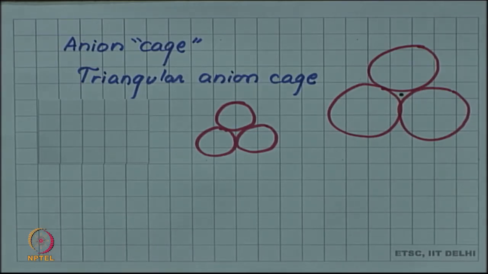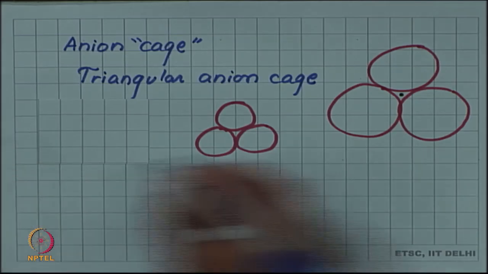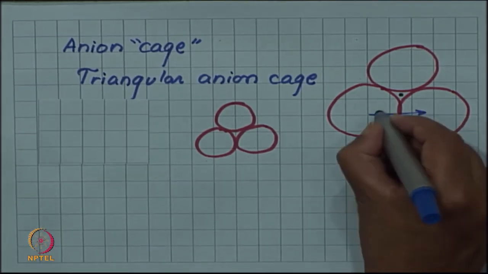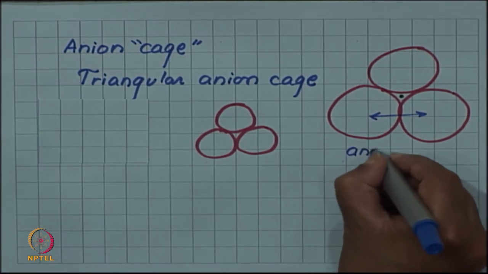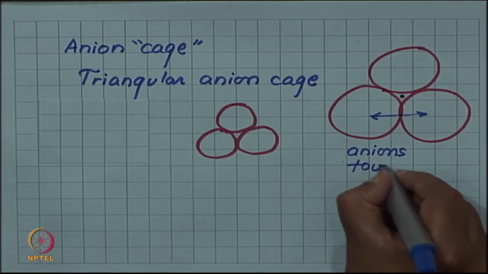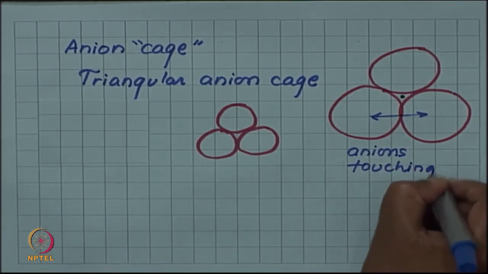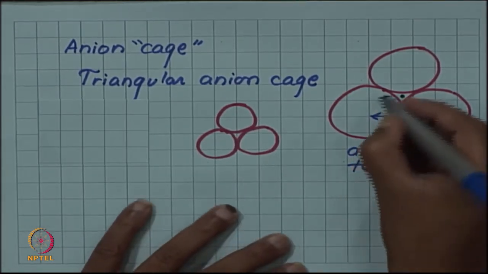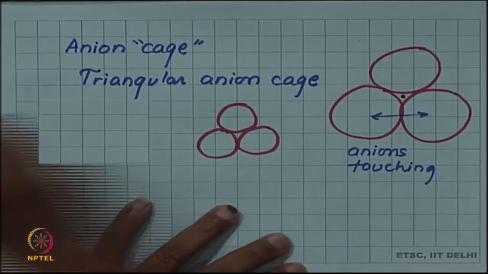So, anions are touching, you can see anions are touching, whereas cation and anion are not touching.